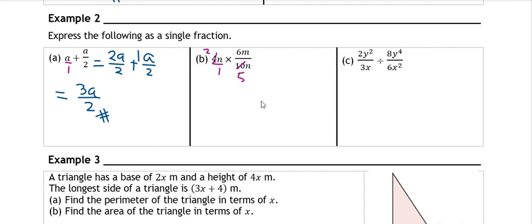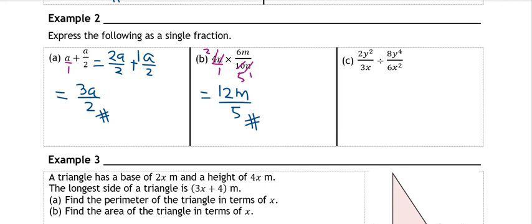And the variable n is also on the denominator, so you can cancel n, it becomes 1. So you will have 2 times 6m, which is 12m, over 1 times 5 times 1, so it becomes over 5. So this is already simple.